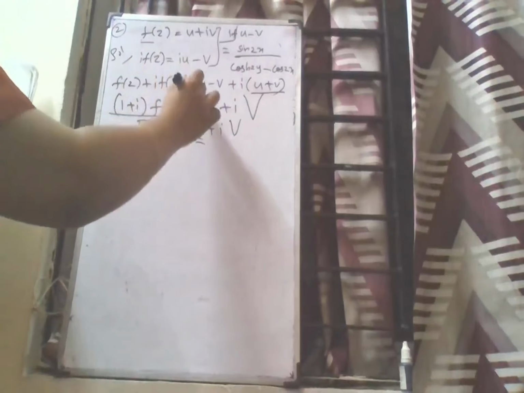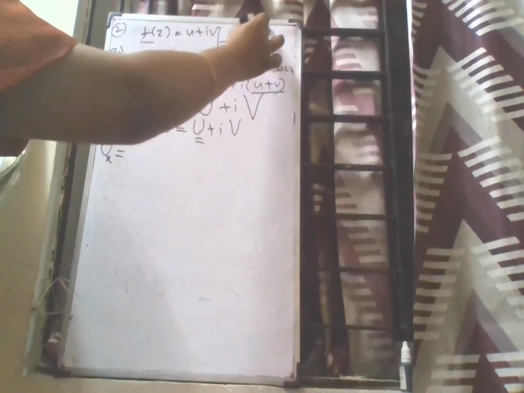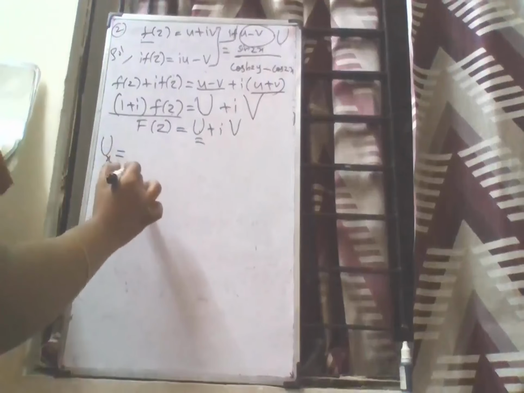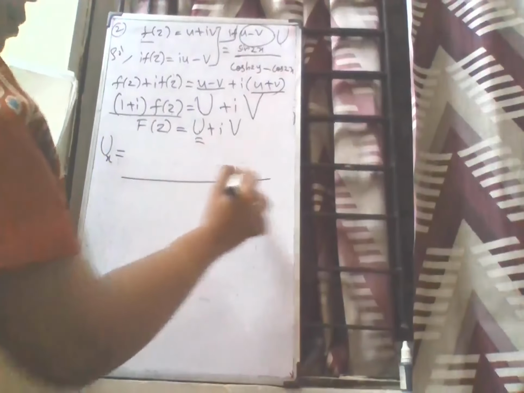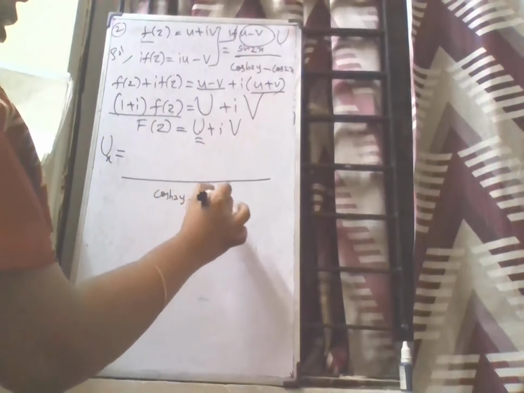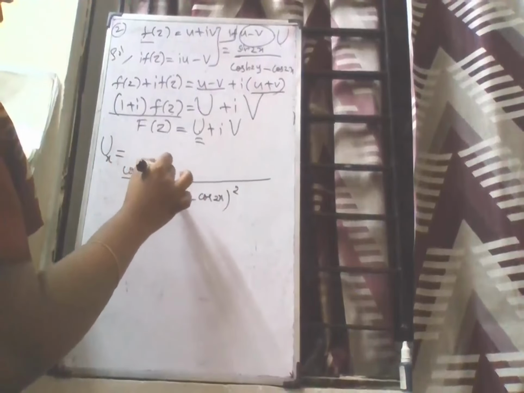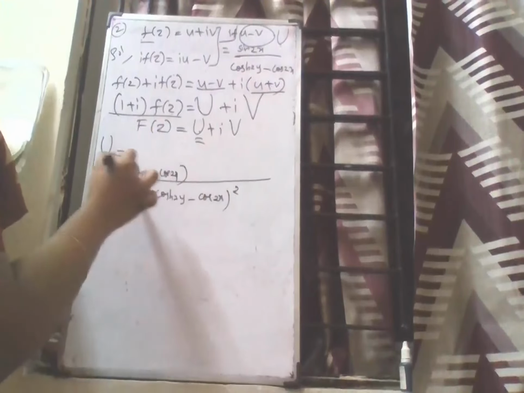Where is my u? Yes, u is nothing but u minus v, which is nothing but this part, sin 2x by cos h2y minus cos 2x. This is going to be my total u. So Ux I need. Then come on, speak up. Cos h2y minus cos 2x, the whole square, that is v square, v du minus u dv, that formula.